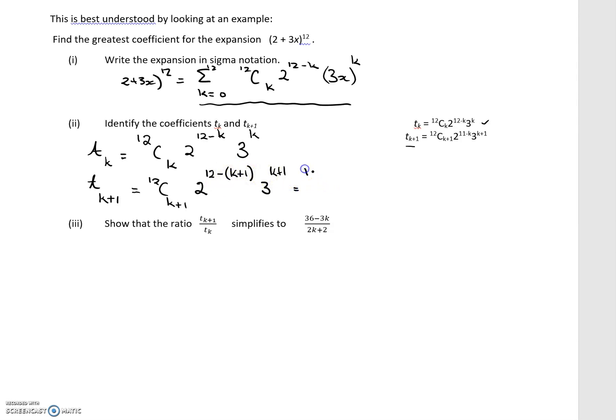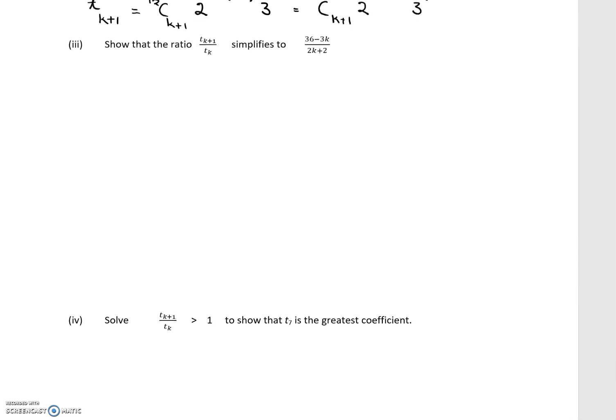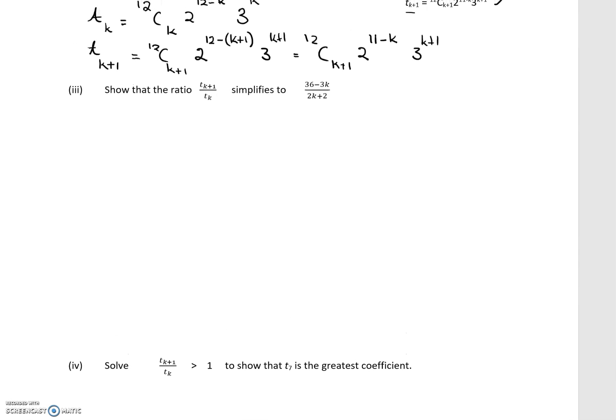It's 12C(k plus 1), 2 to the 12 minus k minus 1, which gives us 11 minus k, 3 to the k plus 1. Checking with the answer, 12C(k plus 1), 2 to the 11 minus k, 3 to the k plus 1. So we're correct.